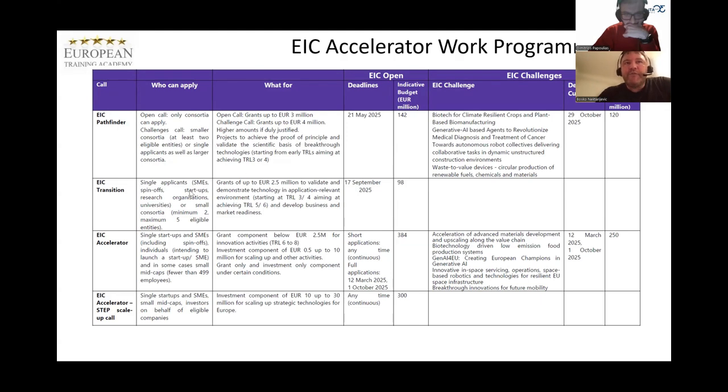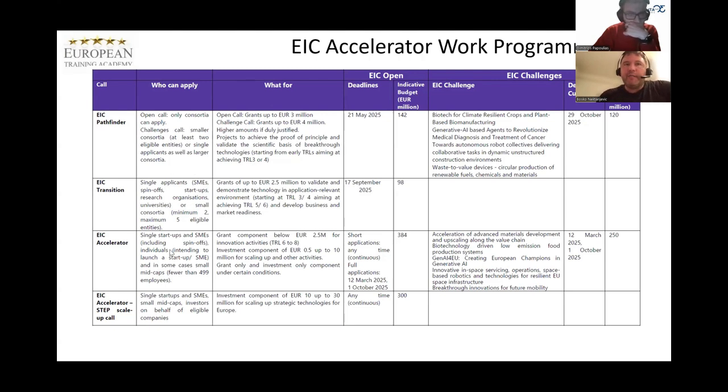And then Transition: again, here you have consortiums, but you can go as a single applicant for a grant up to 2.5 million to validate and demonstrate technology at TRL 3 and 4, aiming to achieve 5 and 6.